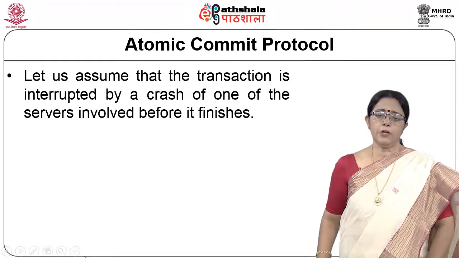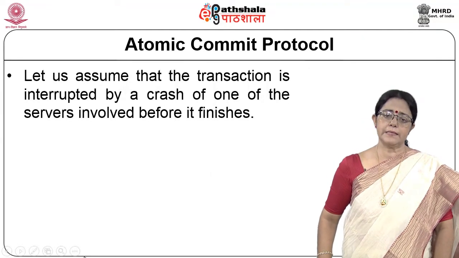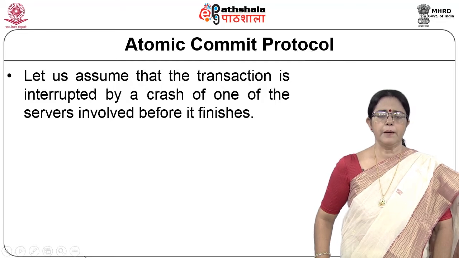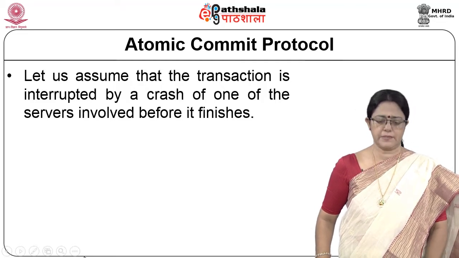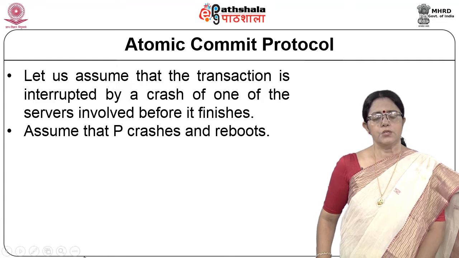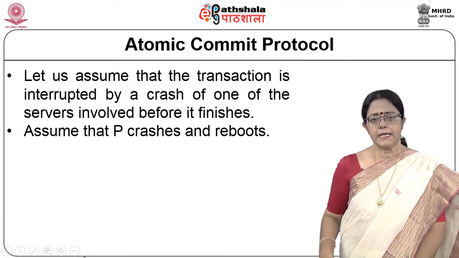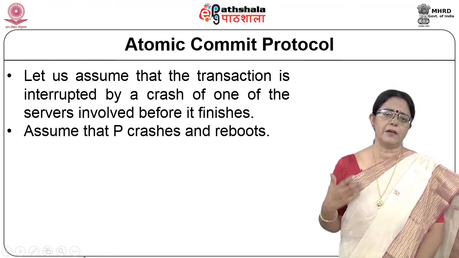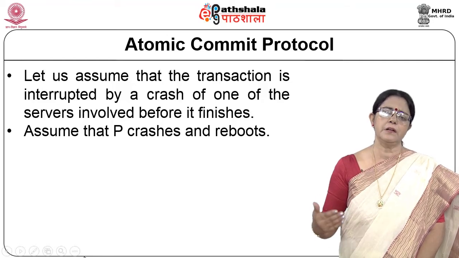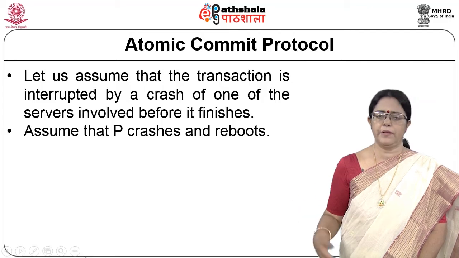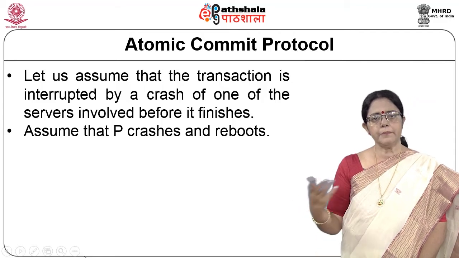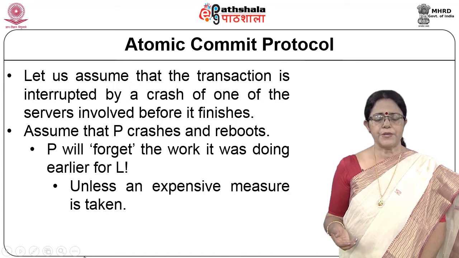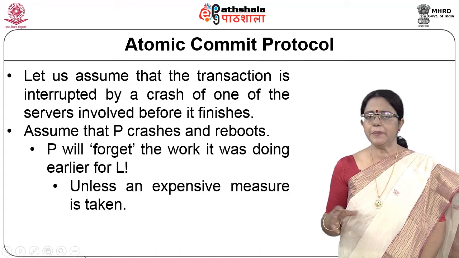So, in an atomic commit protocol, let us assume that the transaction is interrupted by a crash. What happens if P, or any one of the servers, crashes? If P crashes, within a certain time it is expected that it will come back, since no cloud can afford to have a server crashed for a very long time. So, within some time the server will come back up, and when it reboots, P's primary memory will be wiped out.